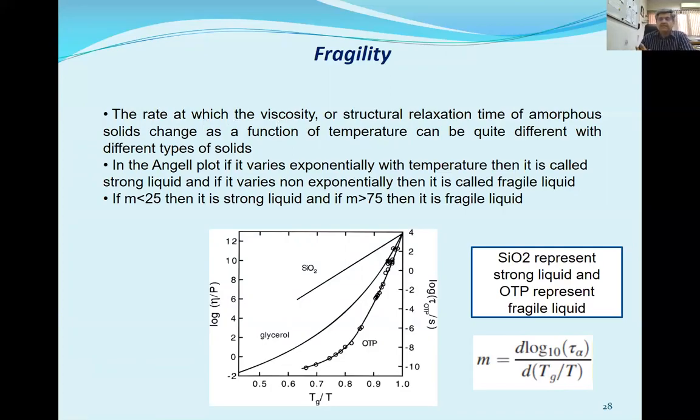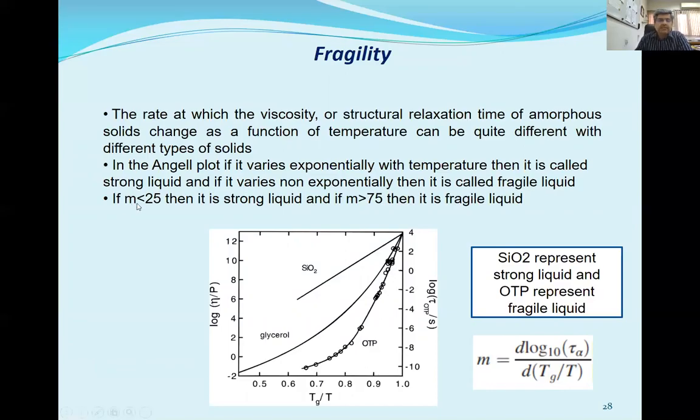This concept was given by a scientist called Angell, and he suggested what we now call Angell plots. In the Angell plot, if it varies exponentially with temperature, then it is called a strong liquid, and if it varies non-exponentially, then it is called a fragile liquid.